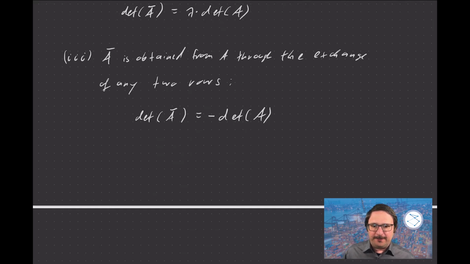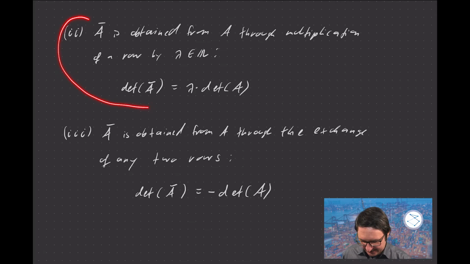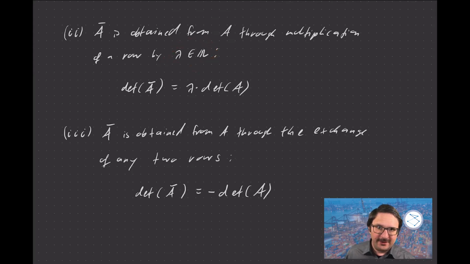Now, in particular, if A contains a zero row, then according to this second property, we can of course multiply this zero row by zero without actually changing anything. So that means if lambda equals 0, and we choose to multiply a zero row by 0, then of course this formula also holds. So the new matrix looks like the old one. But according to this formula, the determinant of the new matrix is then 0 times the determinant of the old one.